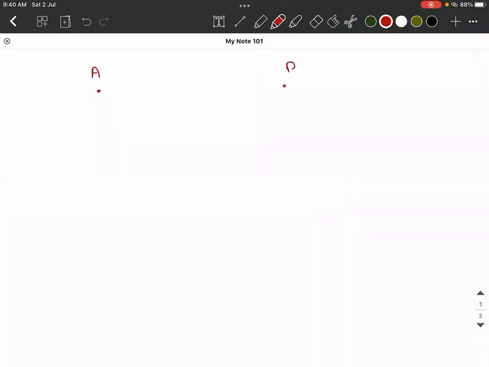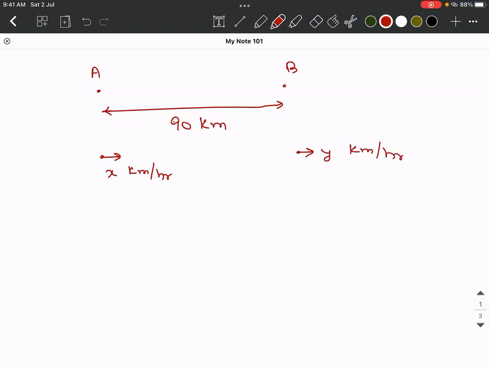There are 2 points A and B, separated by 90 kilometers. They gave the same direction, that is also important. Y kilometer per hour. Okay. So what are they asking?